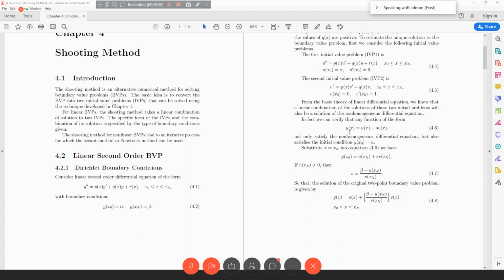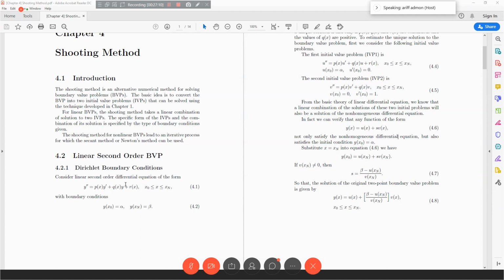Look at here. Equation 4.6 can be used to represent the solution of our BVP. Basically this equation 4.6 satisfies equation 4.1. How to check whether 4.6 satisfies 4.1? You may substitute. Because in 4.1 we have y double prime, y prime, y.